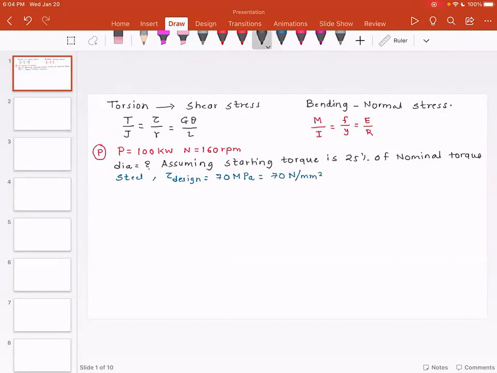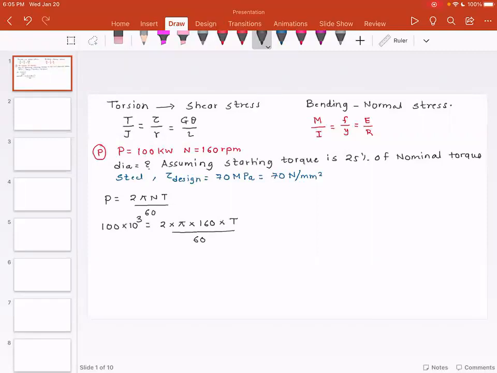So now we will start with the very first equation. P is equal to 2 pi n T divided by 60, where P is the power in watts, which is 100 kilowatts, is equal to 2 times pi, speed is 160, times T divided by 60.